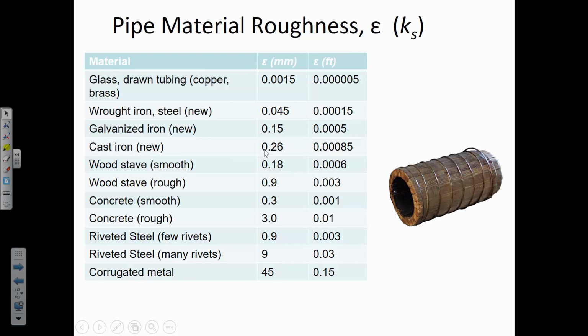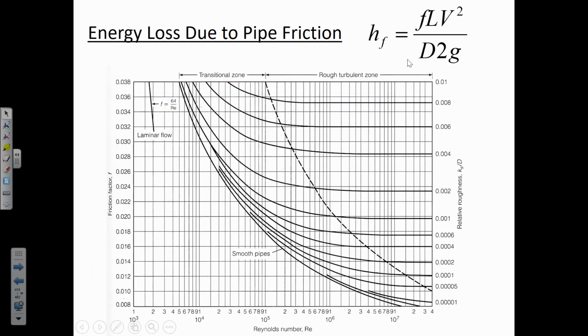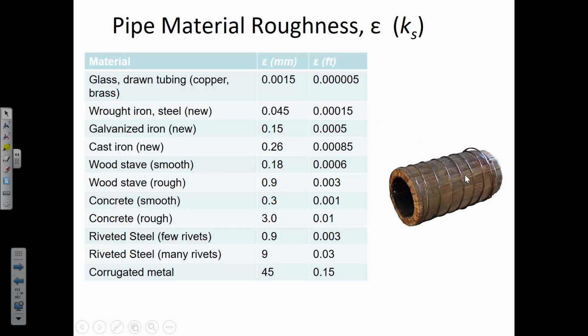F depends on several things, including this material roughness. The first thing we do to find the F value is go to the vertical axis on the right-hand side of this figure. It says relative roughness is K sub S to D, the ratio of the equivalent sand roughness of the material to the diameter of the pipe. Remember, K sub S is just another variable commonly used in place of epsilon.